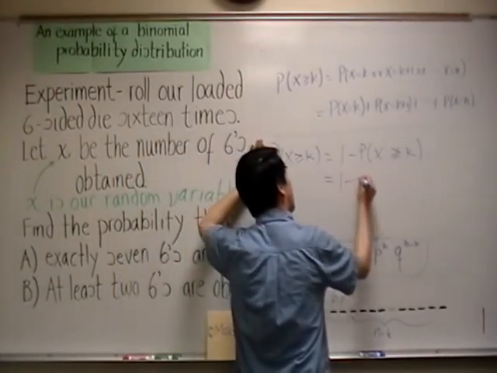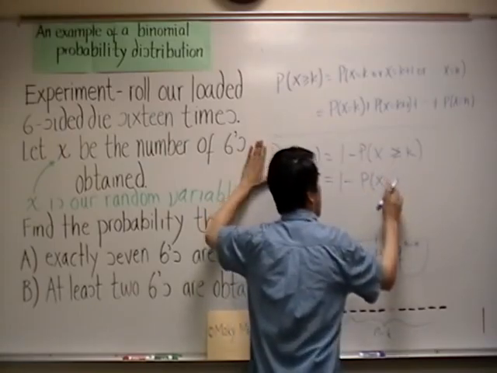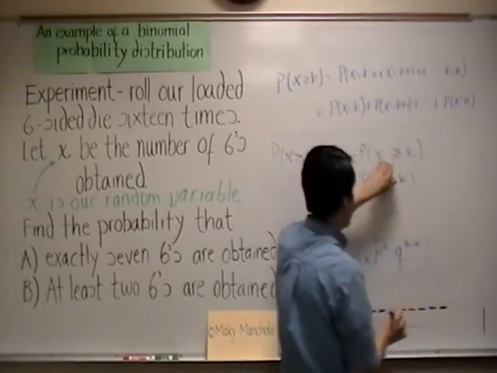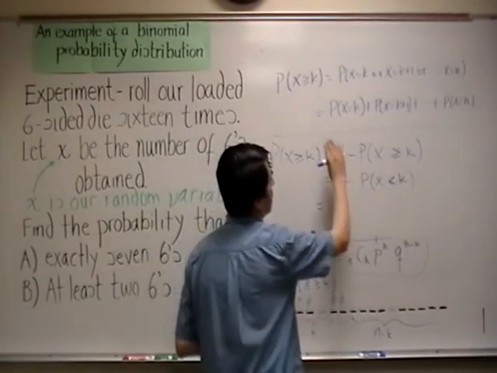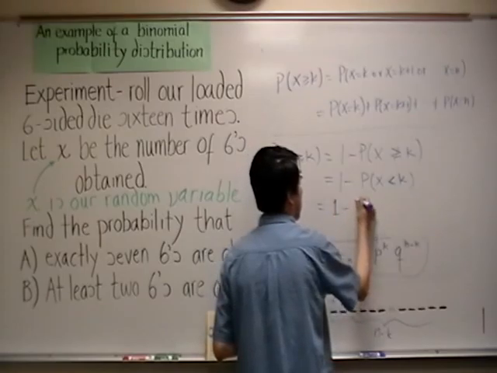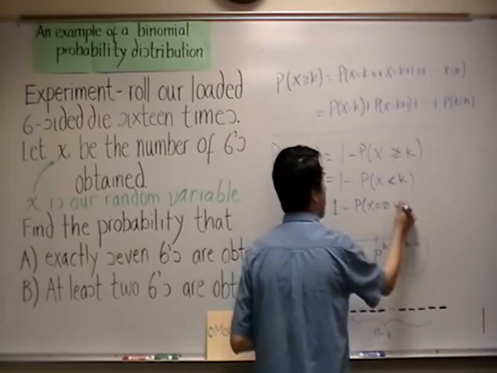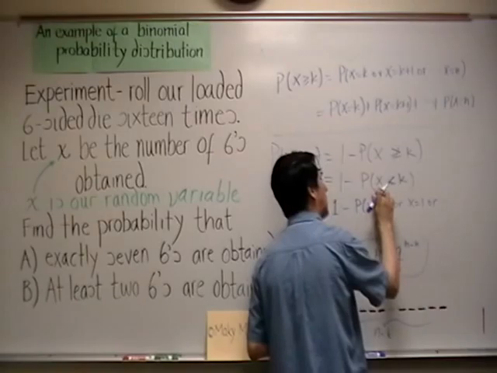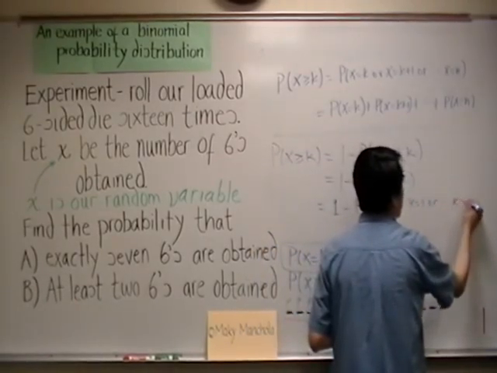So you'd say 1 minus the probability x equals, well, let's try it first this way. X is, say, less than k, right? That's the complement. But then you have to break it down into the cases, into the possibilities. Well, we could have x equals 0, or x equals 1, or all the way up to x equals, what's before k? K minus 1.